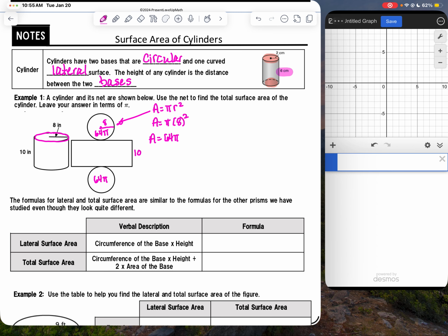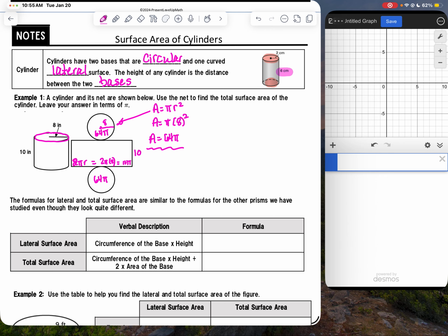So that is our circumference. And our circumference is 2 pi r, which in this case would be 2 pi times 8, which would be 16 pi. So I know the length of this rectangle is 16 pi.